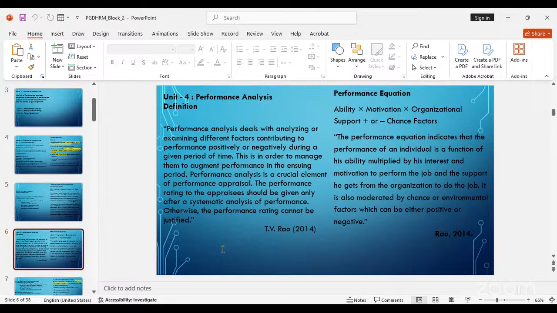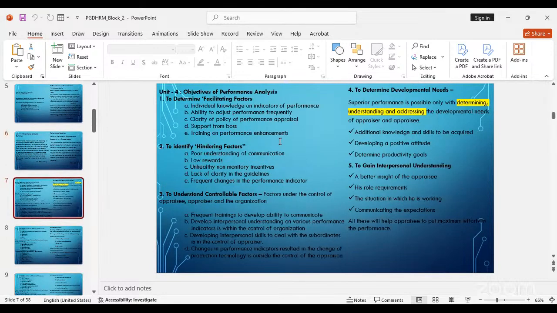This is in order to manage them to augment performance in the ensuing or a specific time period. So, performance analysis is a crucial element of performance appraisal. The performance rating to the appraisee should be given only after a systematic analysis of the performance. Otherwise, the performance rating cannot be justified. Let us look into the objectives.